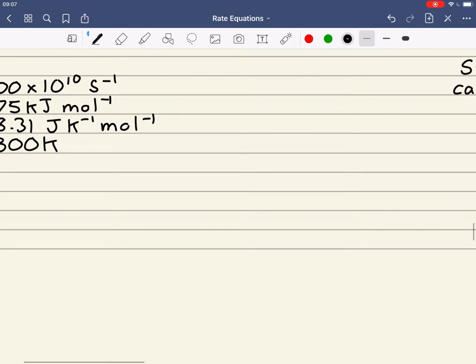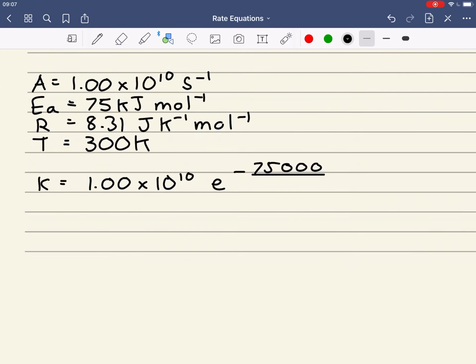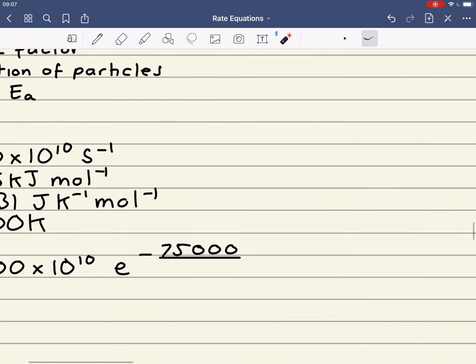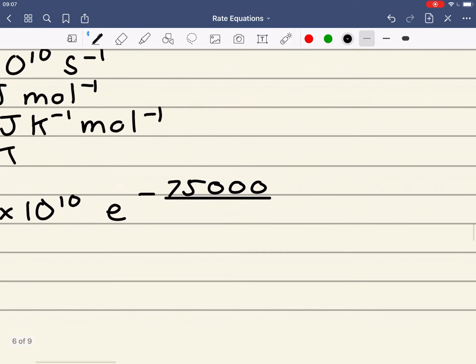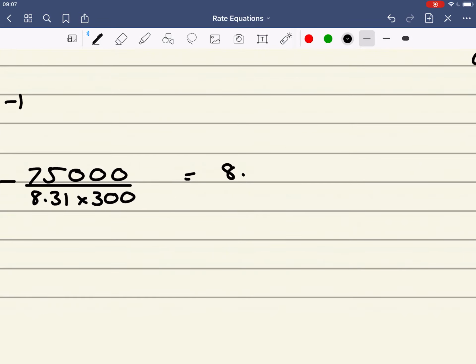Now, if we plug those numbers into the equation to work out K, the first thing we need to remember is we need to convert that kilojoules per mole into, as the equation tells us, joules per mole. So it's 75,000 divided by 8.31 times 300. And when we do that, we get an answer of 8.60 times 10 to the minus 4.